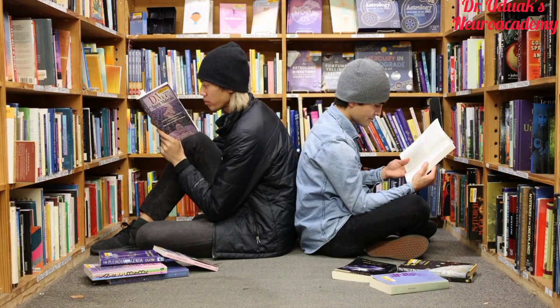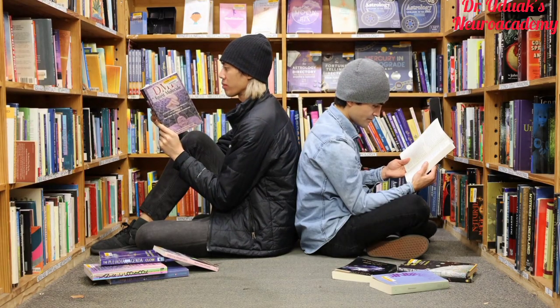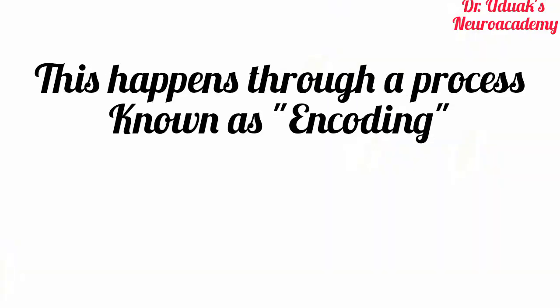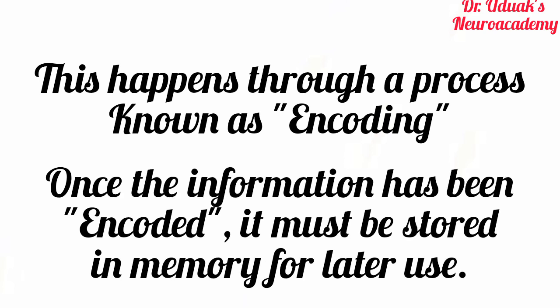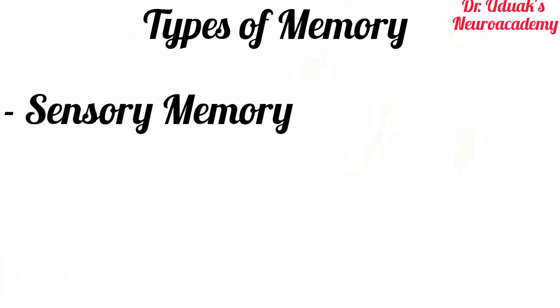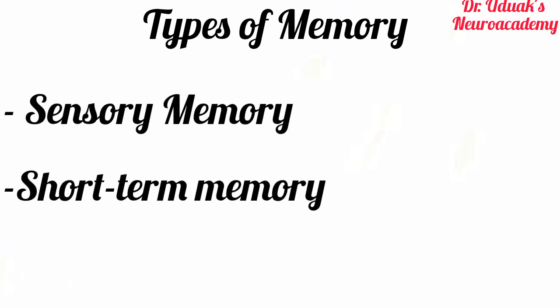Now, in order to form new memories, information or data must be converted into usable form, which occurs via the process known as encoding. Once the information has been successfully encoded, it must be stored in memory for later use. We usually have three types of memory, which are the sensory memory, short-term memory, and long-term memory.